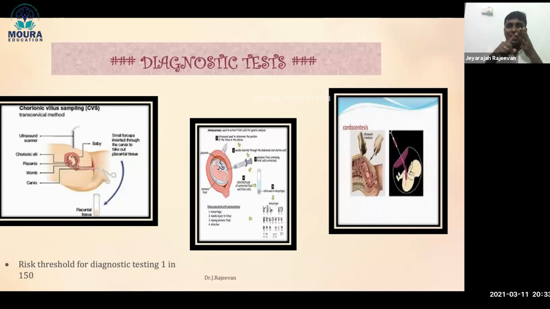So when you take the tissue from the placenta, that is called chorionic villus sampling. When you take the fetal tissue from the amniotic fluid, that is called amniocentesis. When you take the fetal blood from the umbilical cord, that is called chordocentesis.